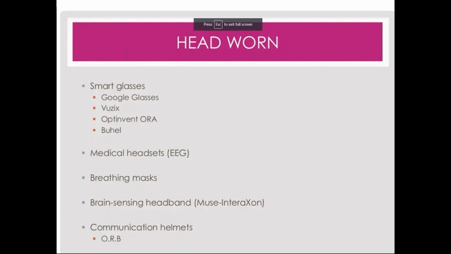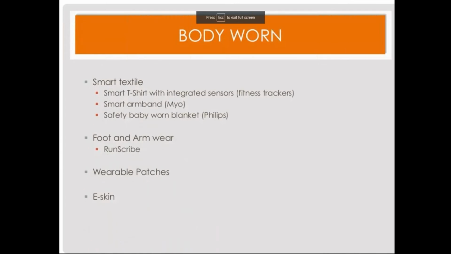Apart from that, there are breathing masks. There are brain sensing headbands. There are communication helmets. So these are a few of the companies which are taking the lead in head-worn devices. Last but not the least, like I told you, there are body-worn devices.